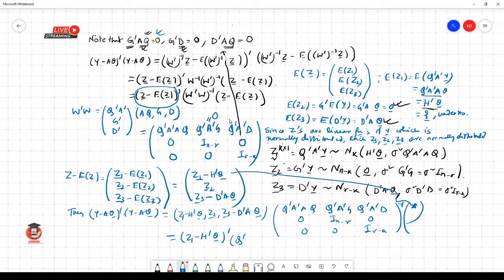This portion is 0, this portion also 0. So the inverse of this is nothing but the inverse of this.